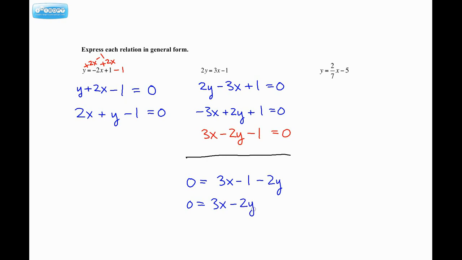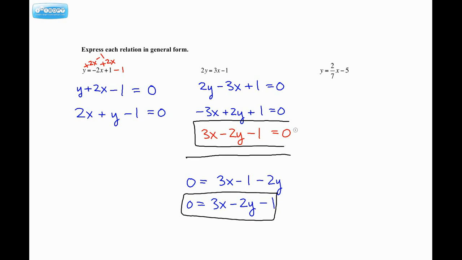So by doing it this way, there are no fractions, of course, but the sign is already correct. And you notice that this and this are exactly the same. They're just flipped around. So either technique is fine. Do whatever is most comfortable for you.